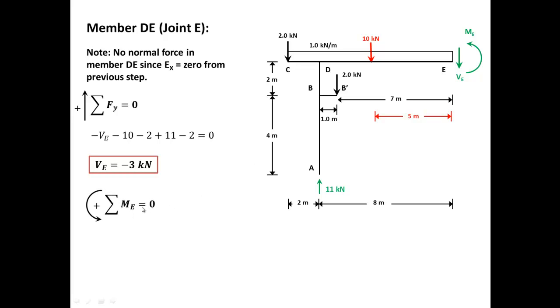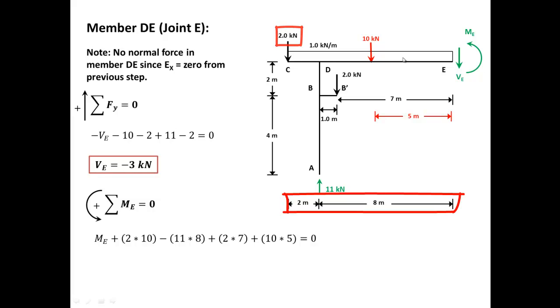Now the summation of the moments about point E should equal to 0. So ME, now 2 times 10. That's the 2, and the 10 is the distance between C and E. And the rotation is counterclockwise, so it's positive.